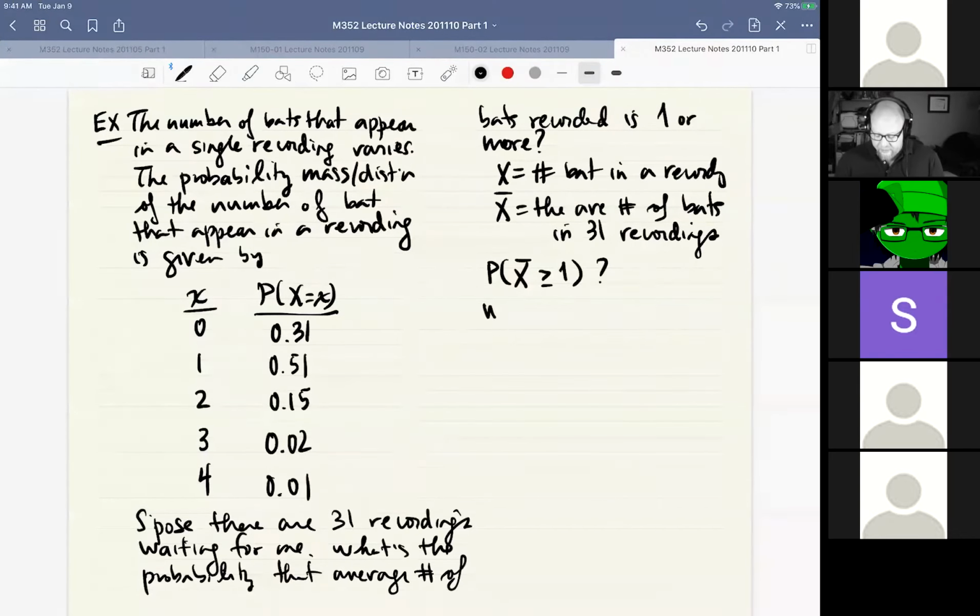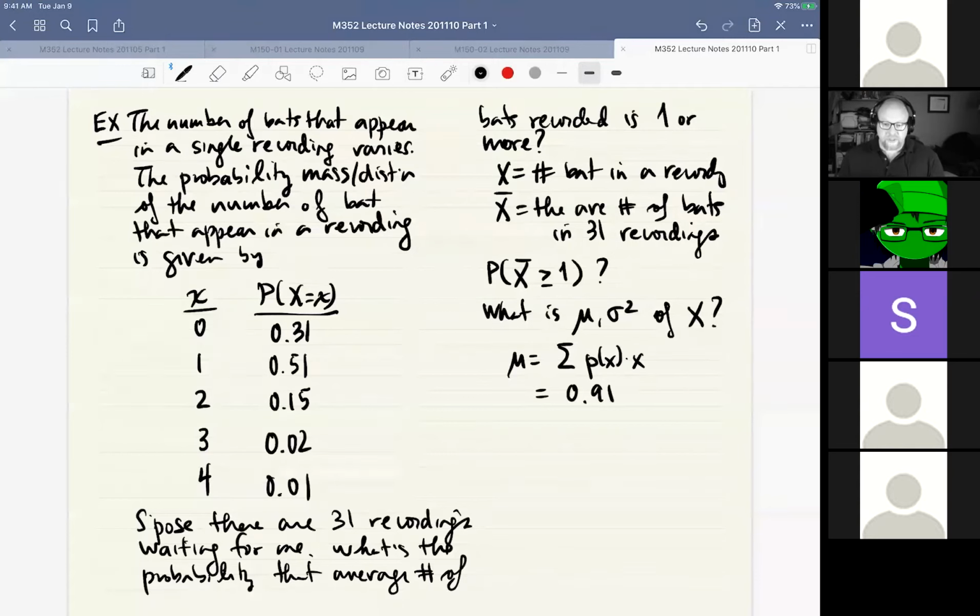So I need the mean and the variance for X. The mean: you add up the probability of X occurring, multiplied by X. For this data, I think you get 0.91. So on average, each recording has 0.91 bats in it, which is an impossibility, but this is just an average.